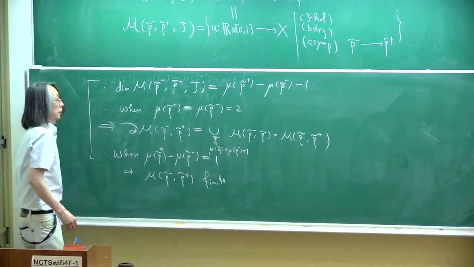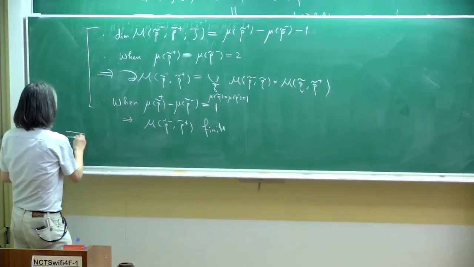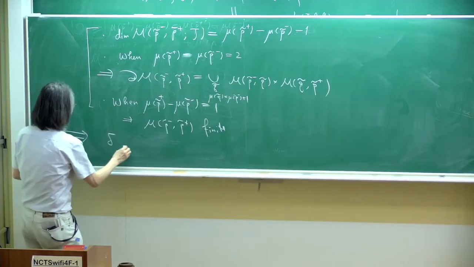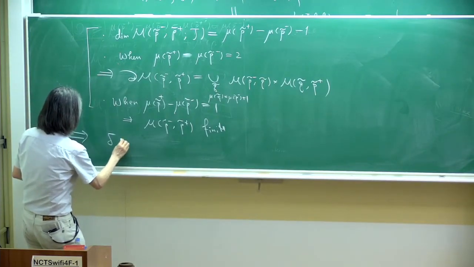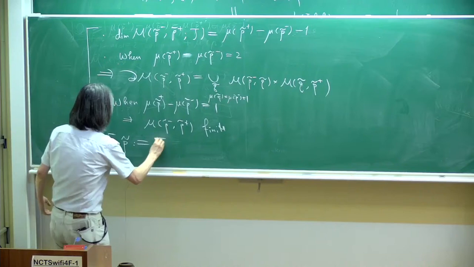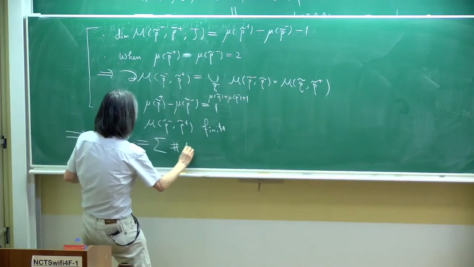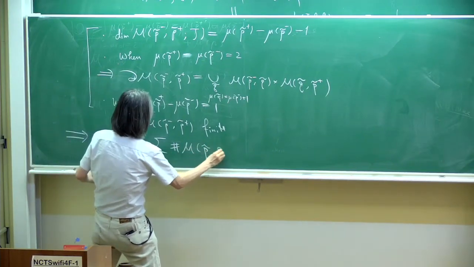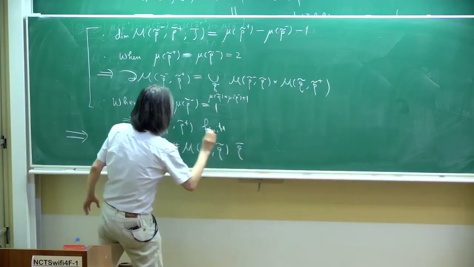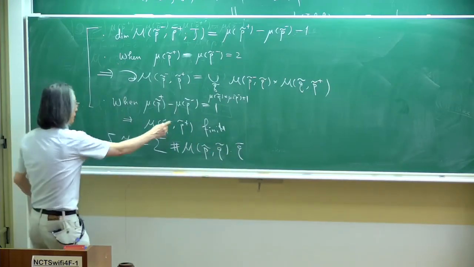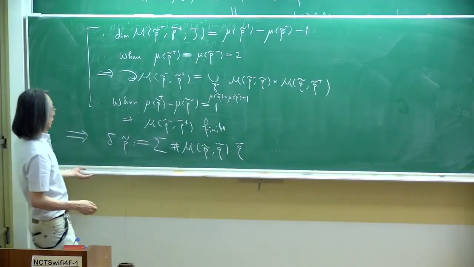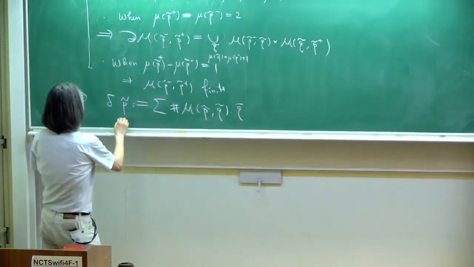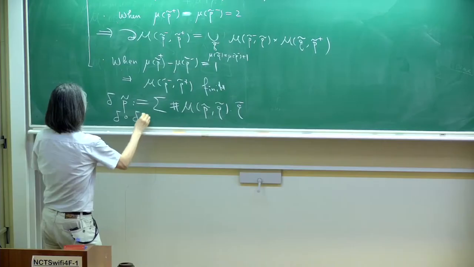And if we have these, then we can define this delta of p tilde by just a sum of the number of points in this. Because it's finite, you can count the number of them. And then this one satisfies this condition.